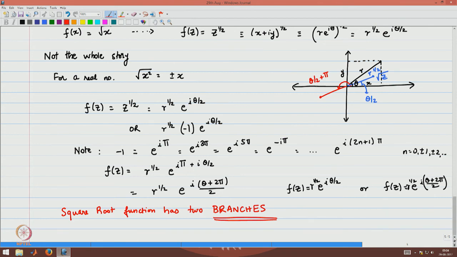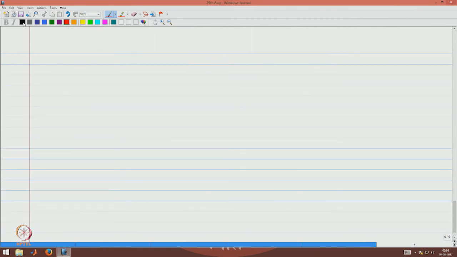Okay. So we will just summarize this point: if you take the square root function, there are two branches to the square root function.